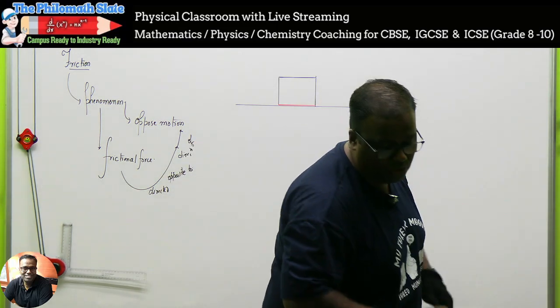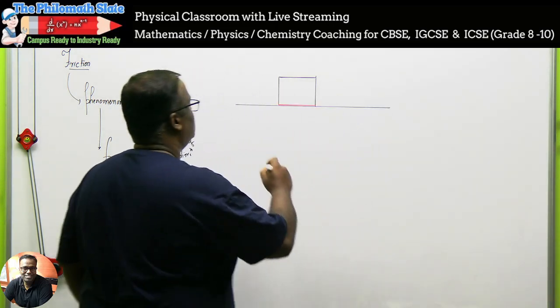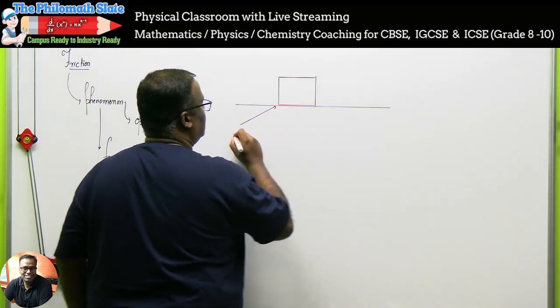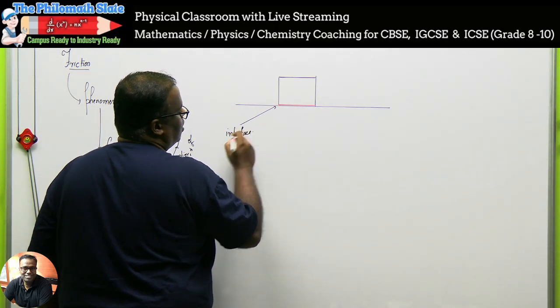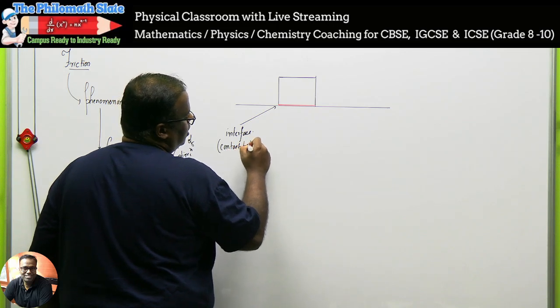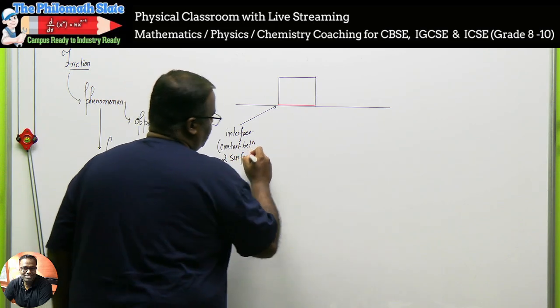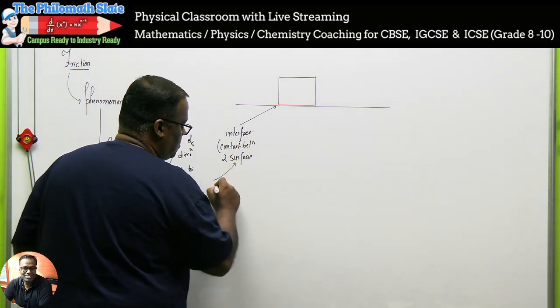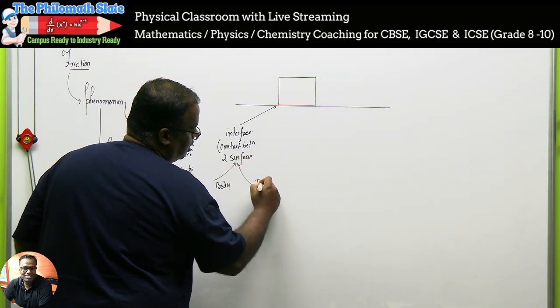There has to be a contact, physical contact, right? So this particular portion, I will say, is the interface. Or here we have the contact between two surfaces. One of the surfaces coming from the body and one of the surfaces coming from the tabletop.